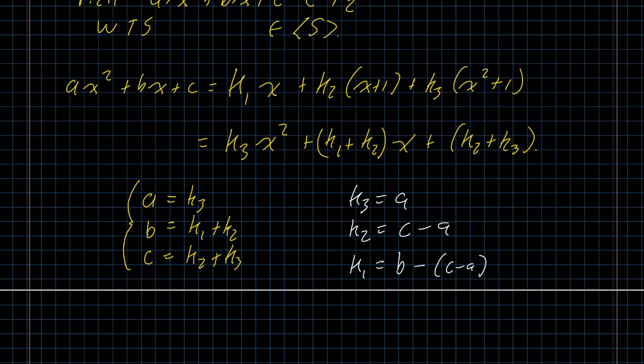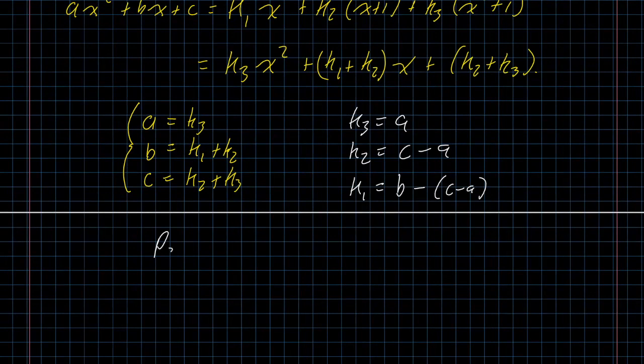Again, just the first equation, plug that value into the third equation, rearrange, solve for k2. Plug that response into the second equation, rearrange, solve for k1. And we see here that there must be k1, k2, and k3. So we can write every single quadratic polynomial as a linear combination of x, x plus 1, and x squared plus 1.